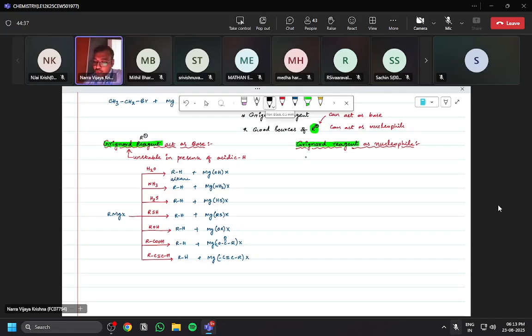What do you mean by nucleophilicity? The ability of a nucleophile to attack, or the nucleophilic nature of a nucleophile, is called nucleophilicity. Right? Respond, sir. Reactivity of a nucleophile is called nucleophilicity.